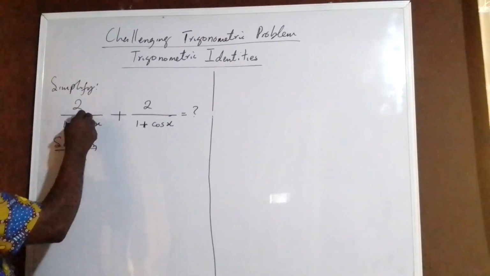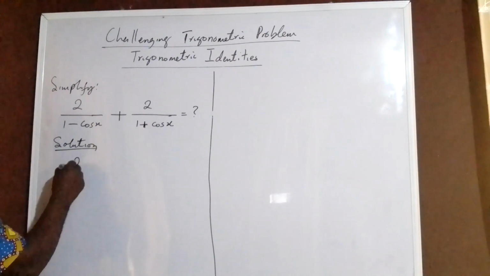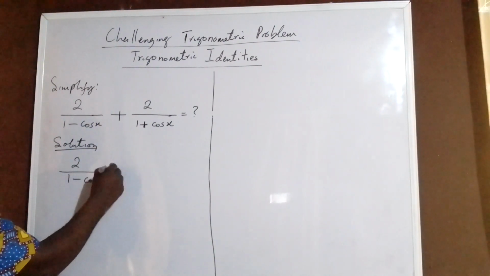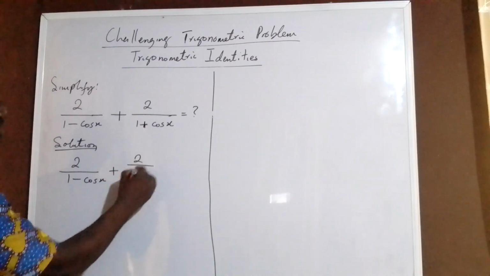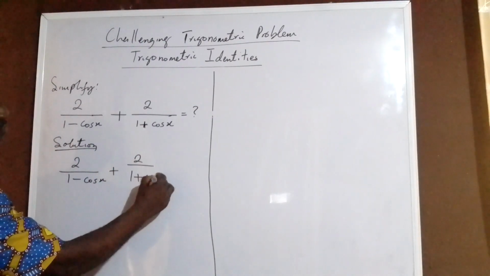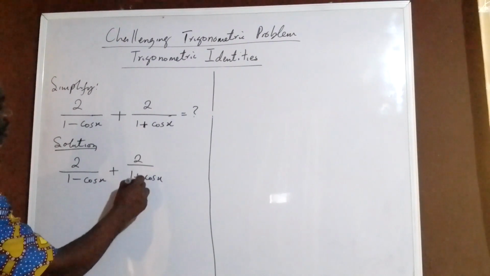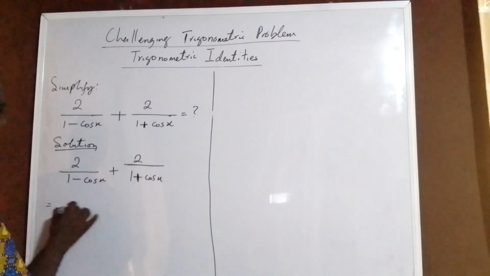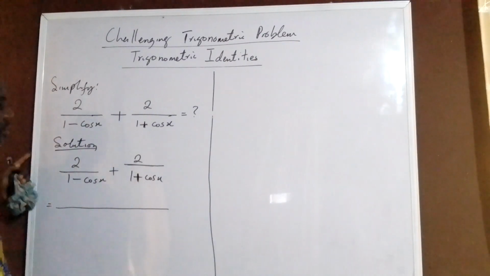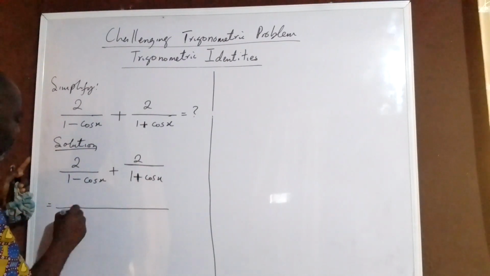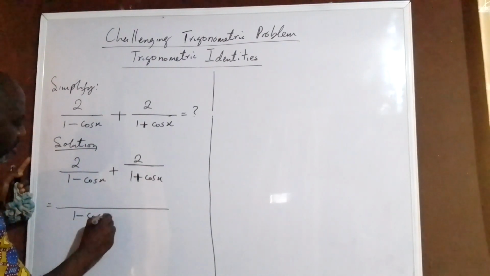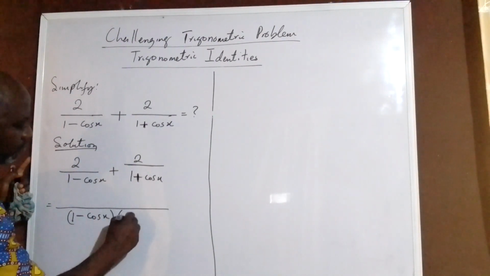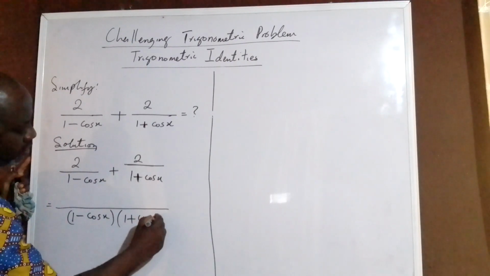So what we need to do is, I'm just going to put down the question: 2 over 1 minus cos x plus 2 over 1 plus cos x. So what I'm going to do is to find the LCM. The LCM of the denominator will be 1 minus cos x times 1 plus cos x.